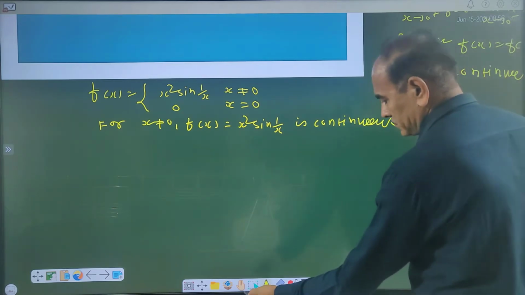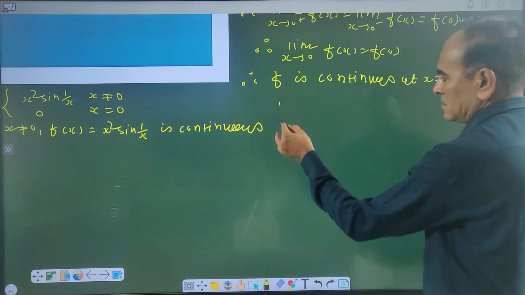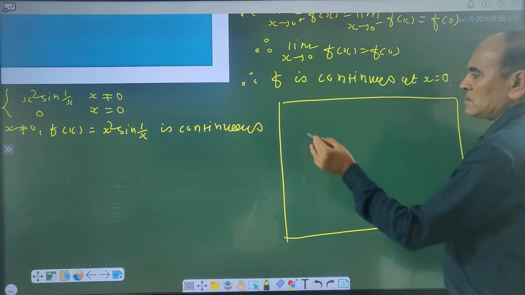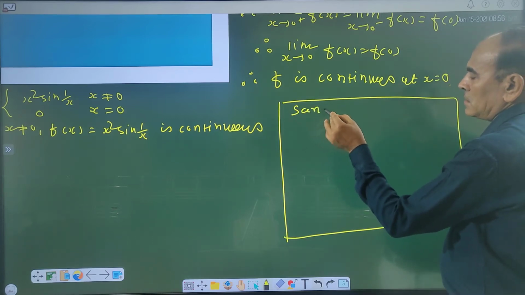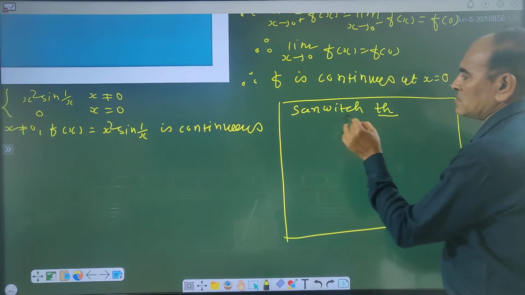For this one, let us recall one result. This thing is already seen in 11th, the sandwich theorem.